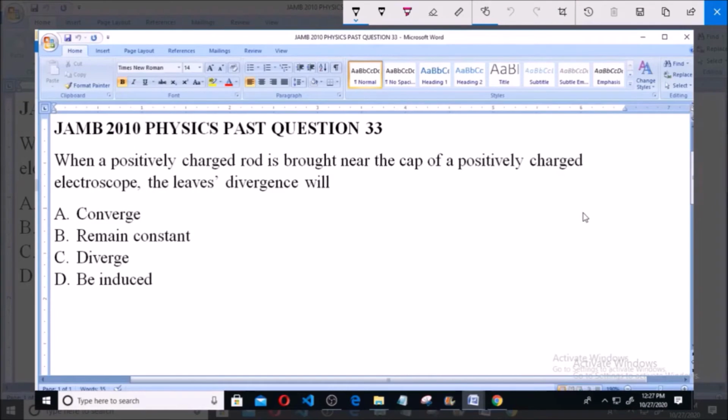When a positively charged rod is brought near the cap of a positively charged electroscope, the leaves divergence will: A, converge; B, remain constant; C, diverge; D, be induced.